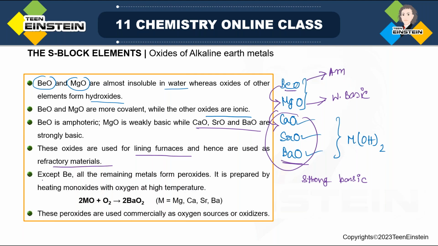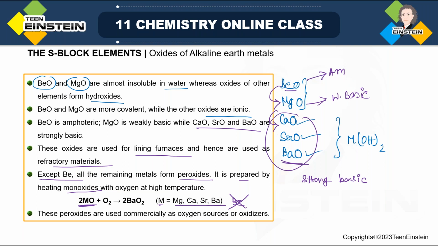Except the first element, the remaining metals can form peroxide also. And how can we prepare it? It is prepared by heating the monoxide. So we have taken this monoxide MO, but see here M is any of these four. Be is not there. When you are treating it with oxygen, we are getting peroxide. So peroxide we are basically preparing here in a special way.